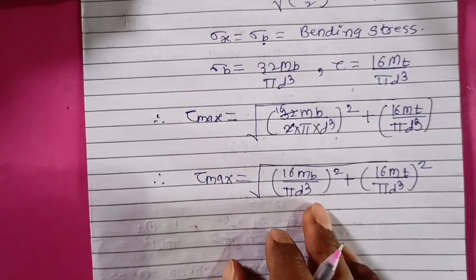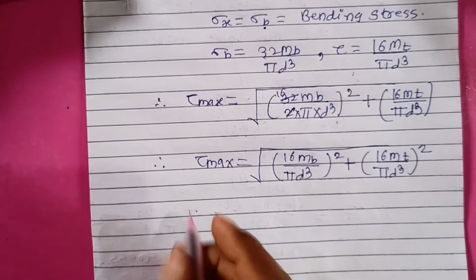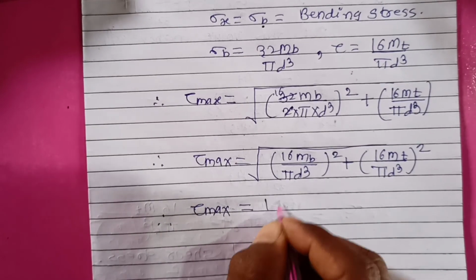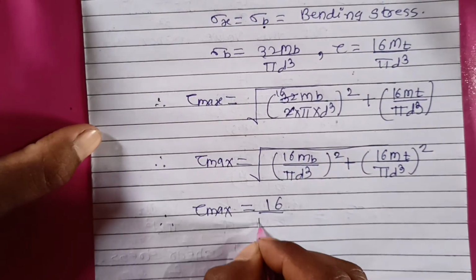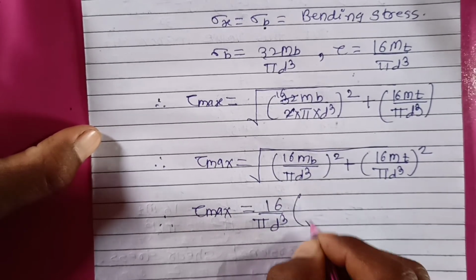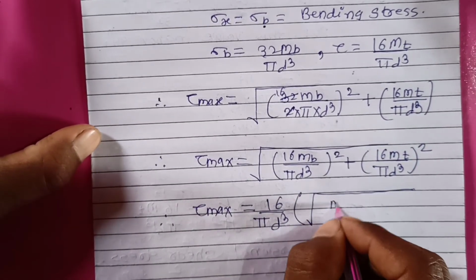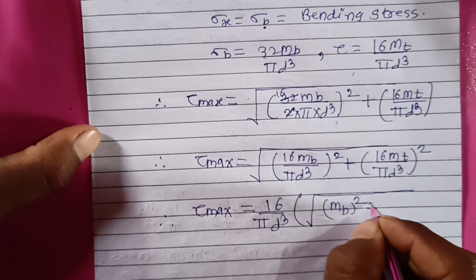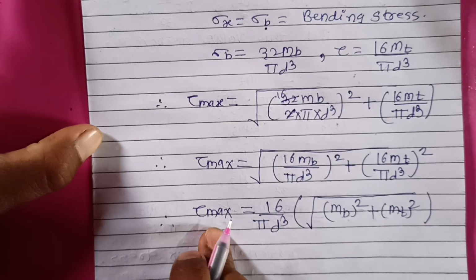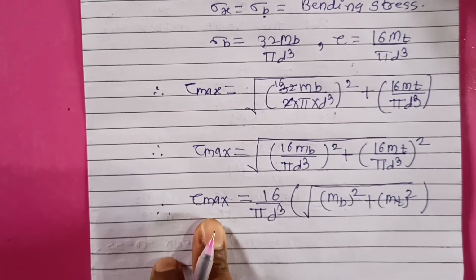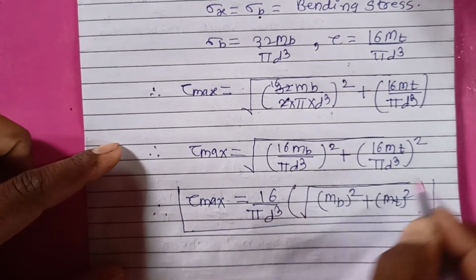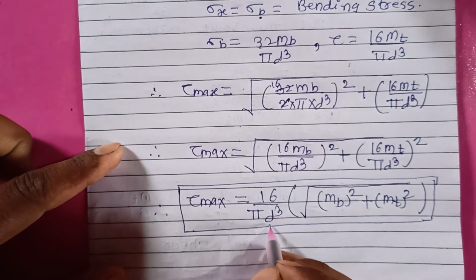Now take the common terms from them. Tau max is equal to 16 divided by pi d cube in bracket under root mb square plus mt square, and this is the formula for maximum shear stress theory. From this formula, we calculate the value of d.